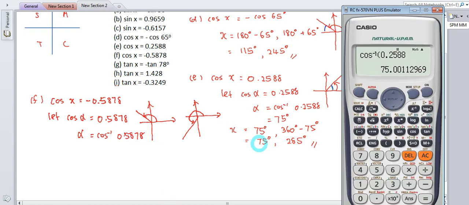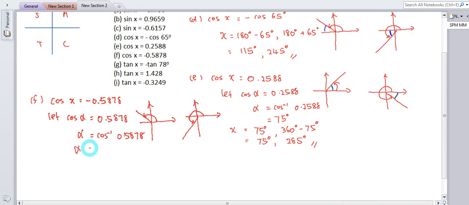Okay, this one just press the calculator. Shift cosine 0.5878. Okay, you get, we just round off, 54 degree. The reference angle is 54 degree. The 54 degree is actually over here or here.